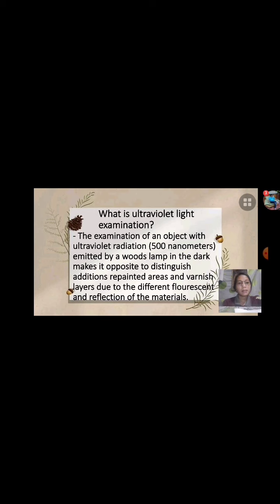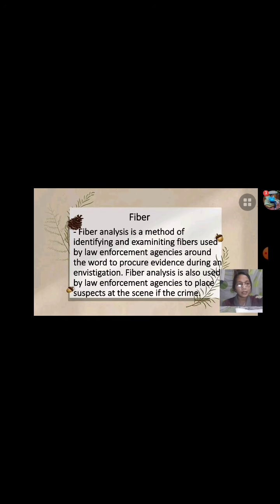So, the examination of an object with ultraviolet radiation of 500 nanometers emitted by a Wood's lamp in the dark makes it possible to distinguish adhesions, repainted areas, and varnished layers due to the different fluorescence and reflection of the materials.